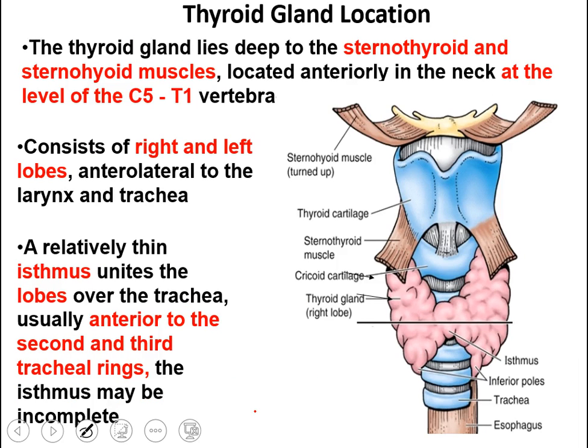Thyroid gland location. Let's now talk about anatomy of thyroid gland. The name thyroid derives from the name of thyroid cartilage, and thyroid cartilage resembles a shield, and thyros in Greek means shield. The gland is located close to thyroid cartilage, and that is why it's called thyroid gland.